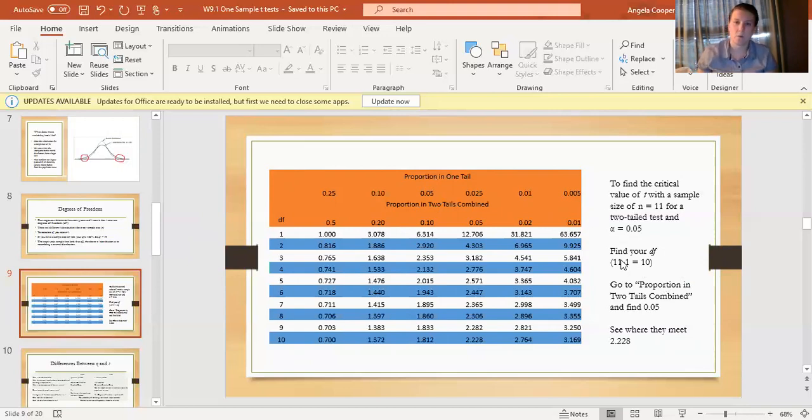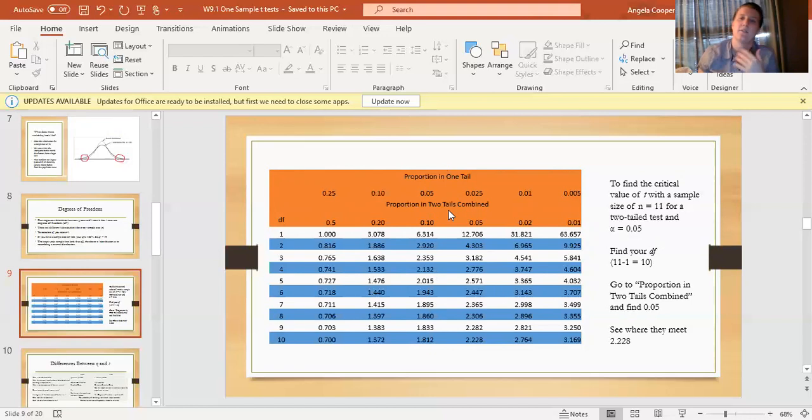So we have a critical value that is in these tables, and we need to know if we have a one or two tail test. We need to know our alpha, and then we need to know our degrees of freedom. Depending on what our alpha is, that determines what column we need to look in, as well as if we have a one-tail test or a two-tail test.